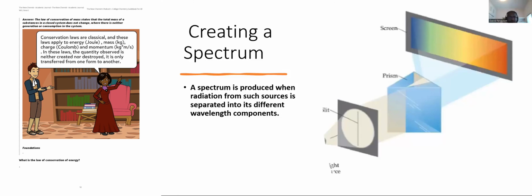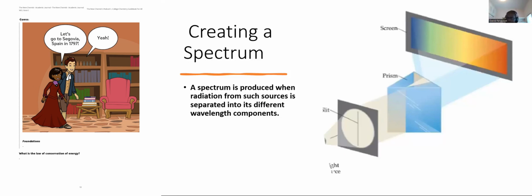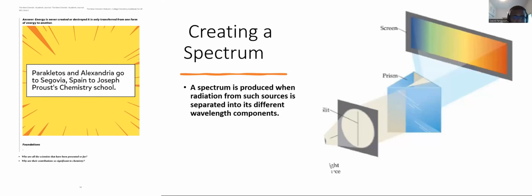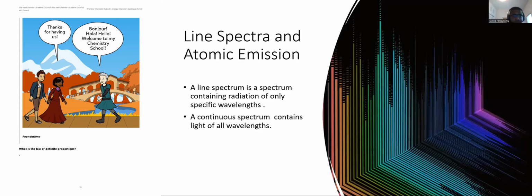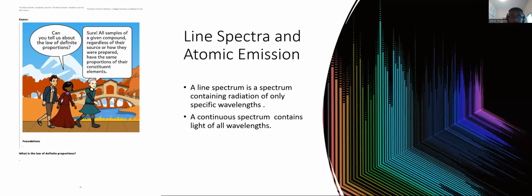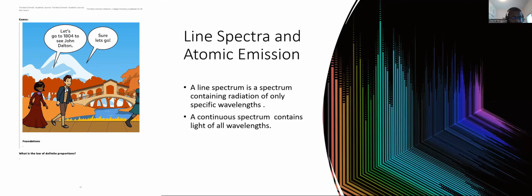What is a spectrum? How do you create one? A spectrum is produced when radiation from such sources is separated into its different wavelength components. Line spectra versus continuous spectra. A line spectrum is a spectrum containing radiation of only specific wavelengths.